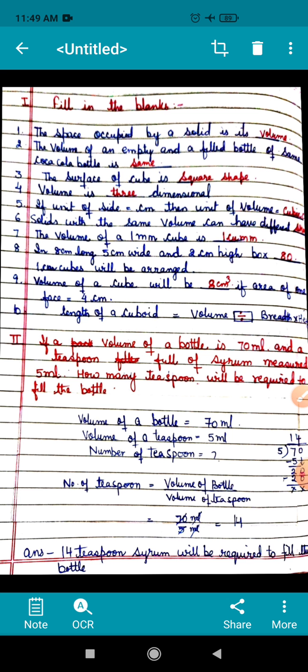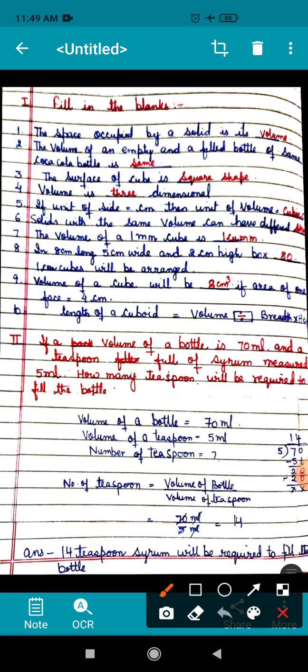Children, first fill in the blanks: the space occupied by a solid is its volume. Right? The volume of an empty and filled bottle of same Coca-Cola bottle. Children, this is an empty bottle, and suppose its capacity is 550 ml.